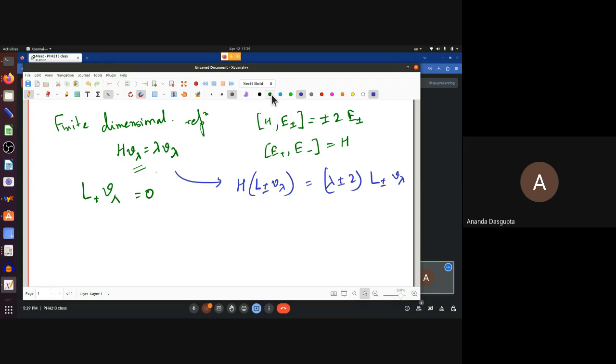And then what happens if I apply L minus on this n times, this v lambda n times? You're taking L minus, applying it n times on v capital lambda, which is the highest weight state, the state for which the eigenvalue is the largest. What happens here?